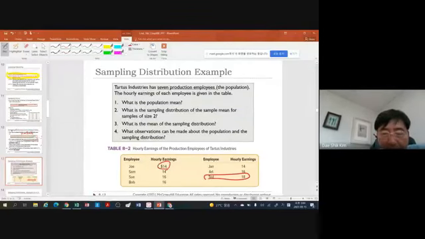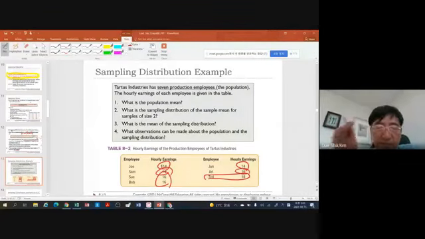Joe, Sam, and Jane are maybe not experienced, recently hired, and their hourly wage is $14. The others are $16.